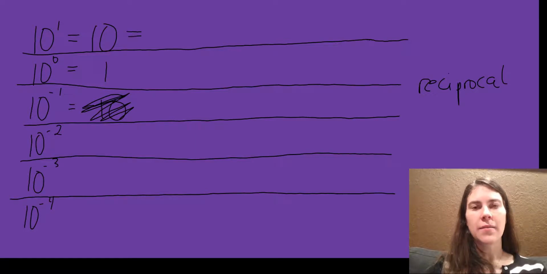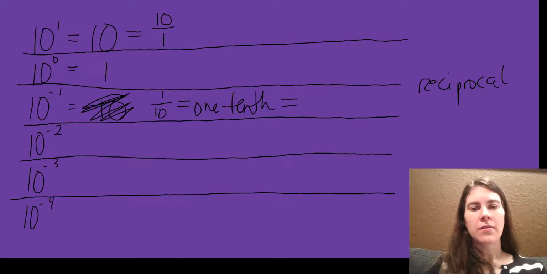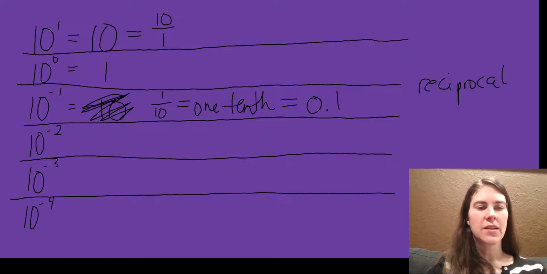So if 10 wholes is 10 over 1, what we are going to do is flip it: 1 over 10. In other words, 1/10, also known as 0.1. Now we're going to take 10 squared and flip it upside down.